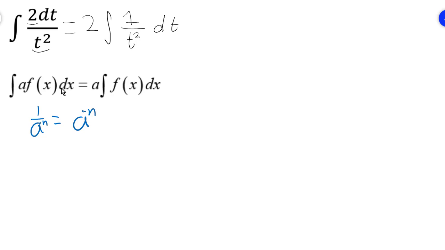I highly recommend you get a radicals sheet so that you can get all of these helpful rules. In this case, we're going to use this specific rule that is going to allow us to put this t squared up here. So let's do it. We're going to get 2 multiplied by the integral of t to the minus 2 dt.